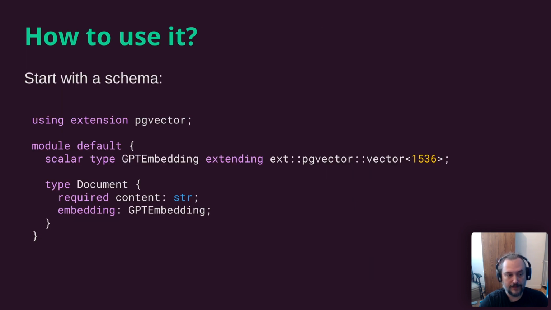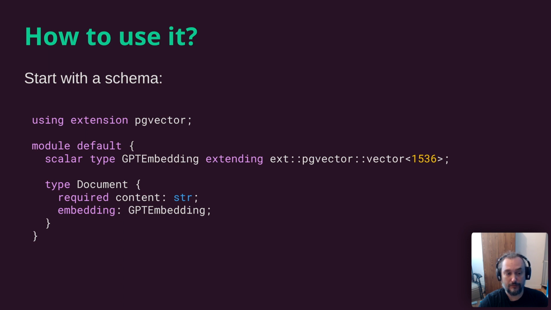How to use it? Here I'm going to show a simplified version of the schema that we made for our improved search functionality. First, we declare that we're going to be using the pgvector extension. Now, after this, we will have the contents of this extension available at the ext::pgvector module.